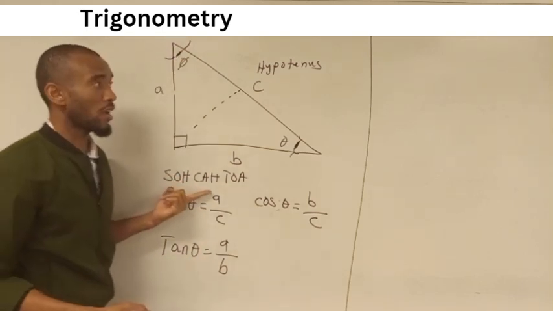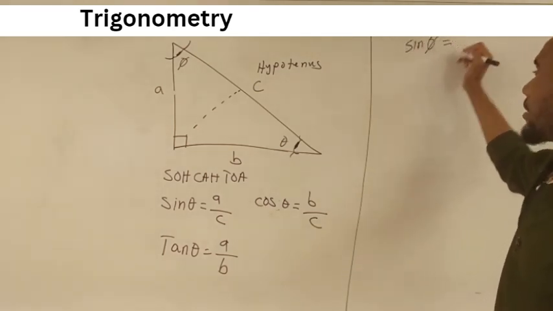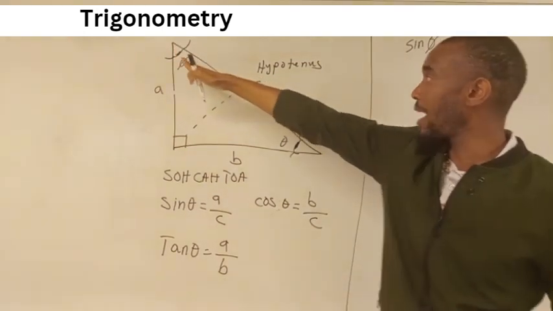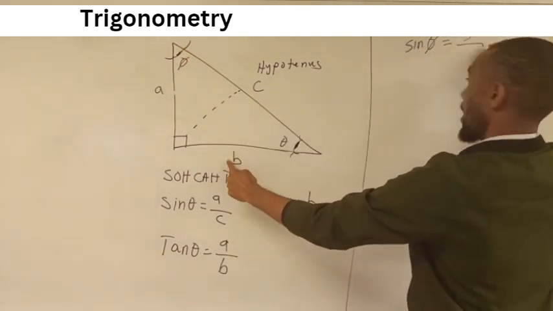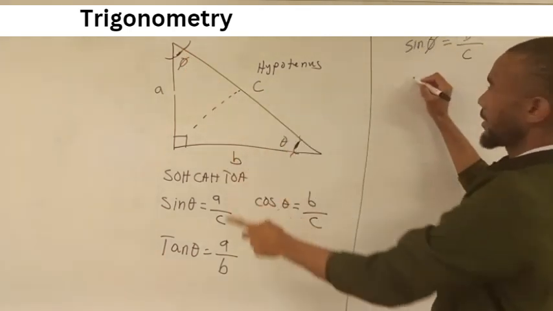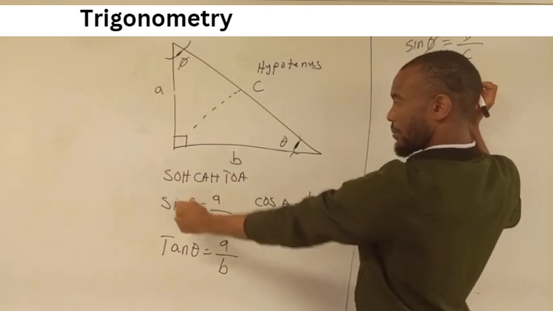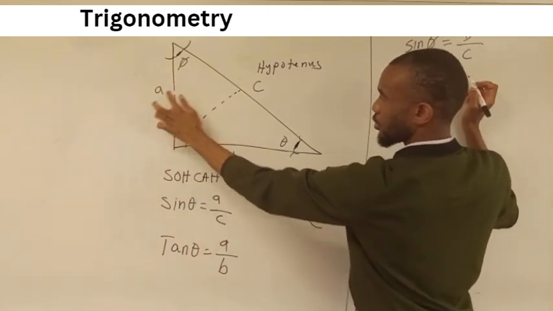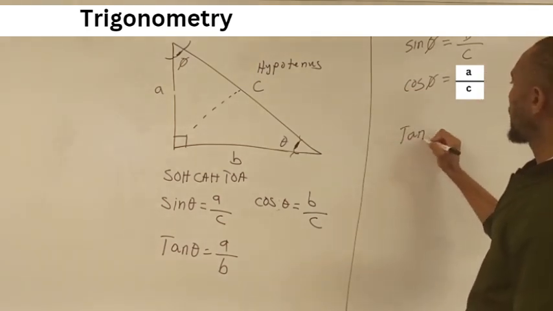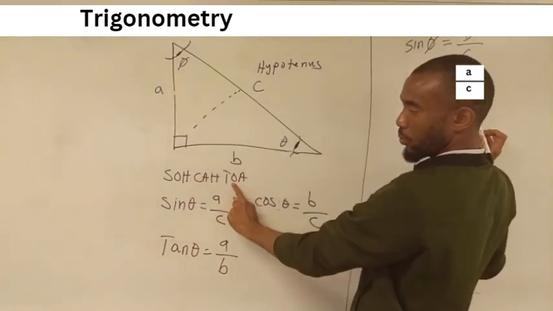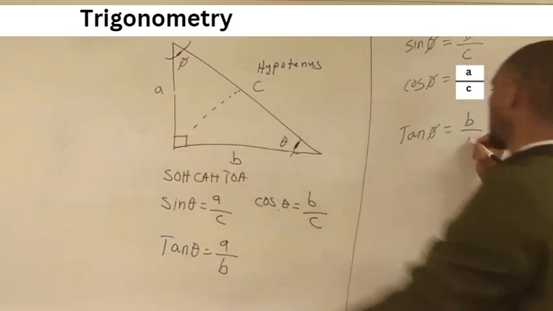Now, applying SOHCAHTOA, I can then say that sine phi, remember I'm considering this angle, phi, which is opposite over hypotenuse, in this case, opposite becomes B, and the hypotenuse becomes C, and then cos phi says that adjacent over hypotenuse, and then tan phi, which says opposite over adjacent, which is B all over adjacent, which is A.